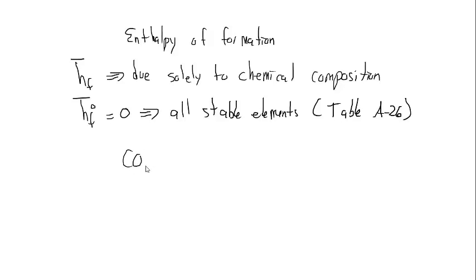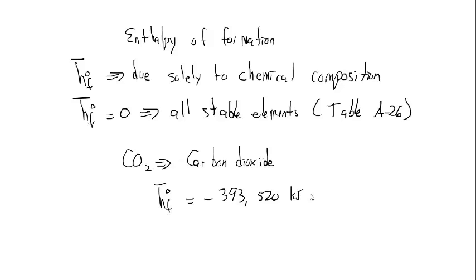So, for example, CO2, carbon dioxide. If you look up the enthalpy of formation of carbon dioxide, you get negative 393,520 kilojoules per kilomole.